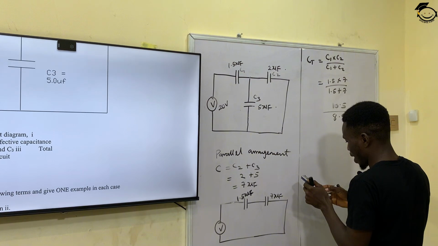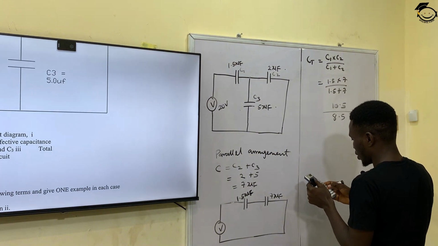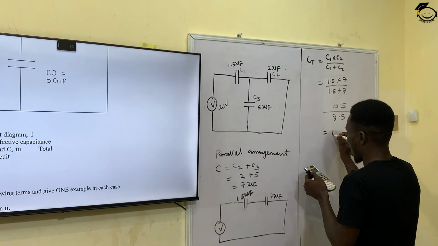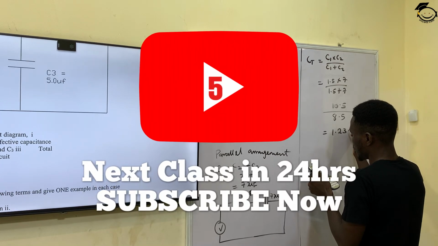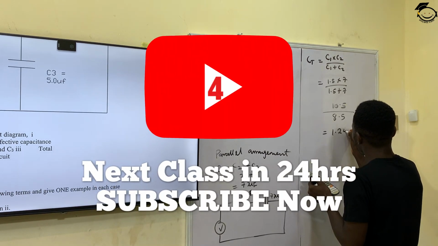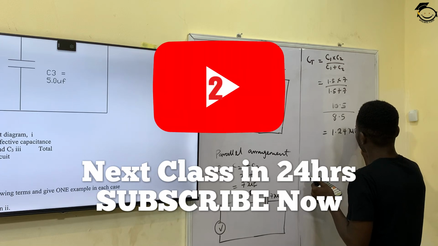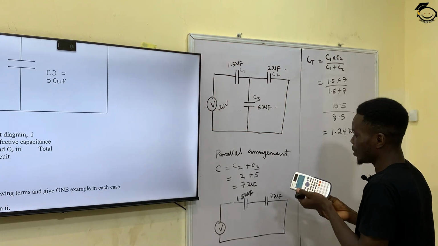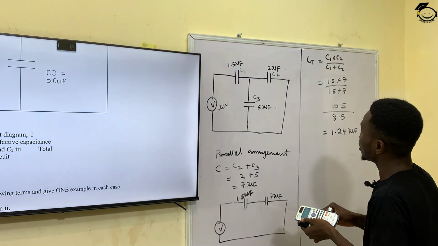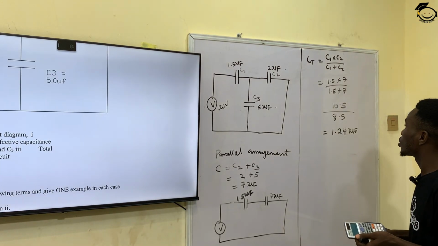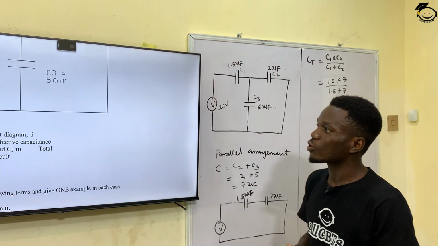If I divide this by 8.5, I'll have 1.24 microfarad. So the total effective capacitance in this particular connection is 1.24 microfarad.